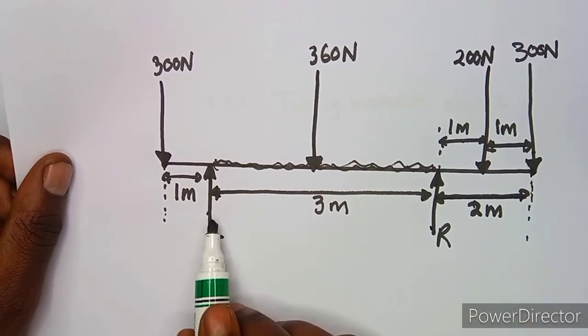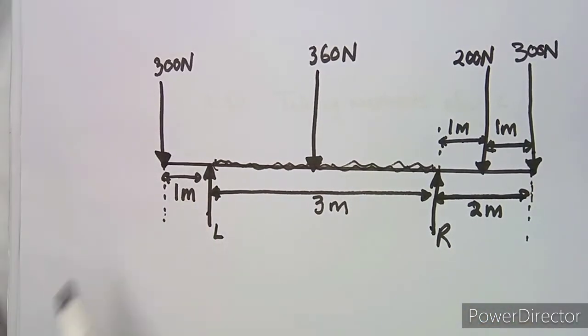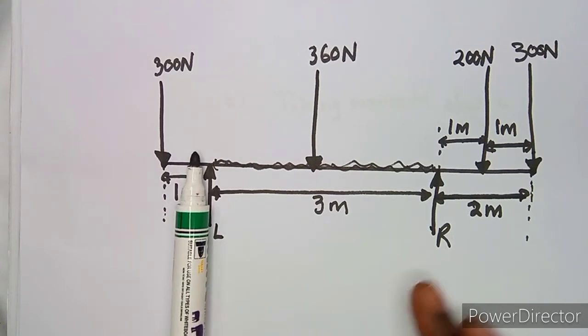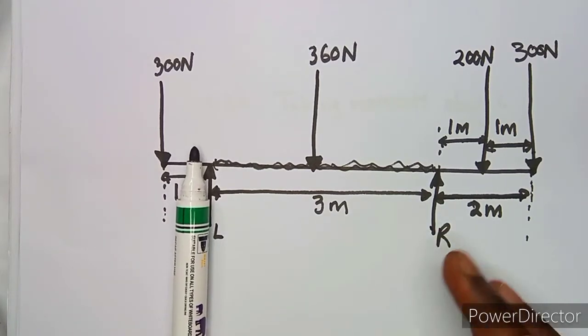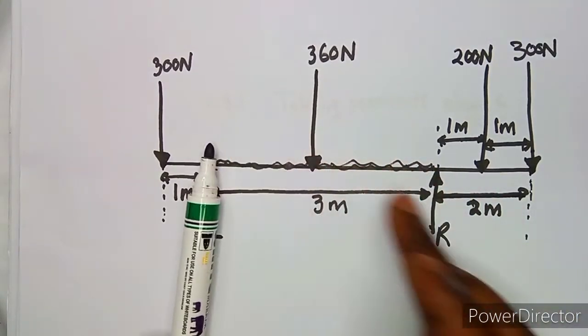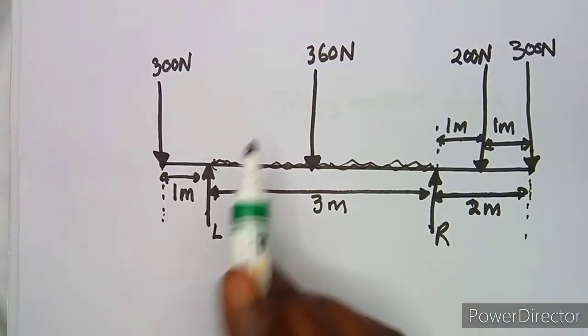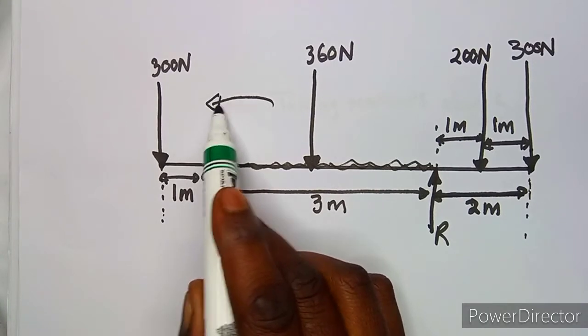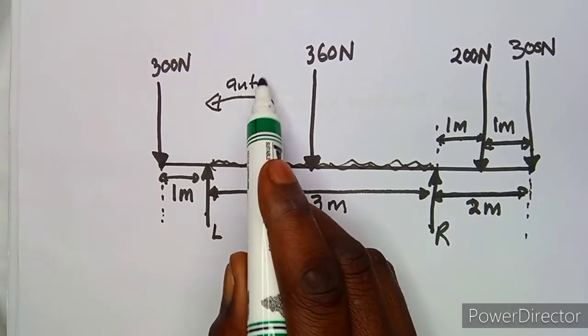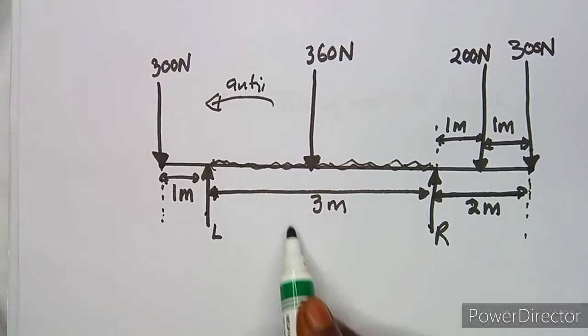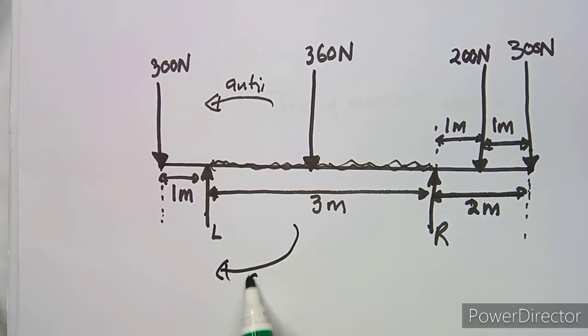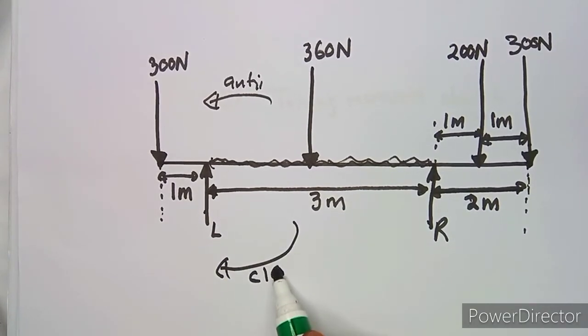Okay, so if we take moments about L, from the sum of moments, because this is my reference, I'm going to start with this. As you can see, R is moving in this way, which is anti-clockwise. Then this direction, that is clockwise.